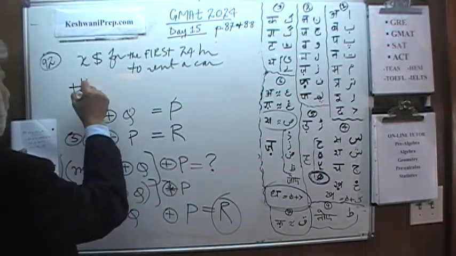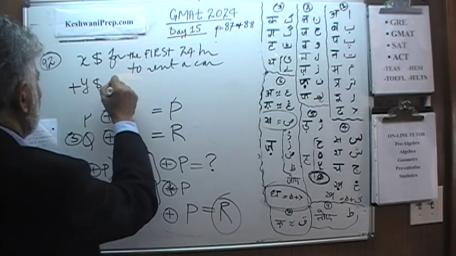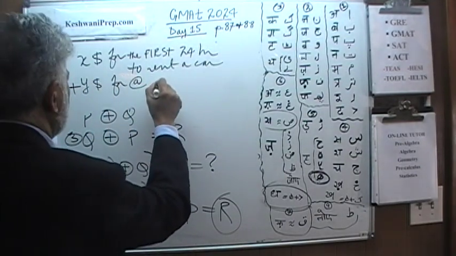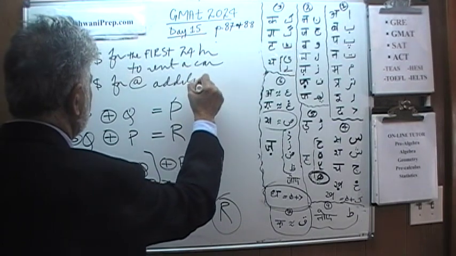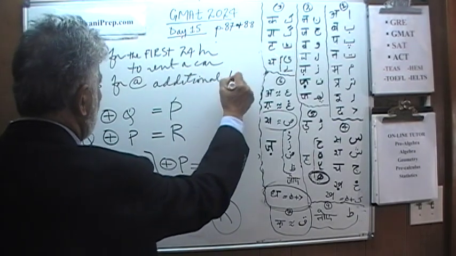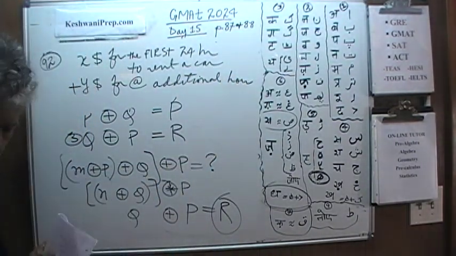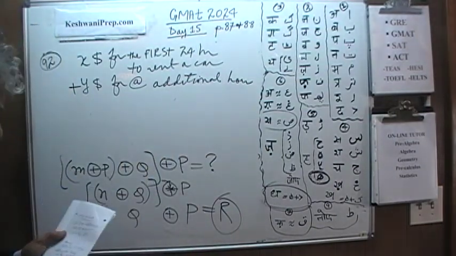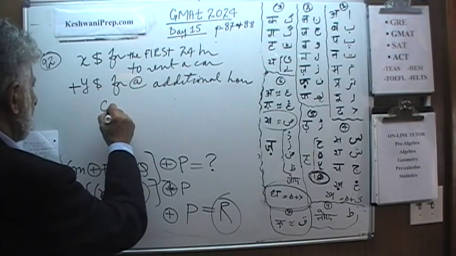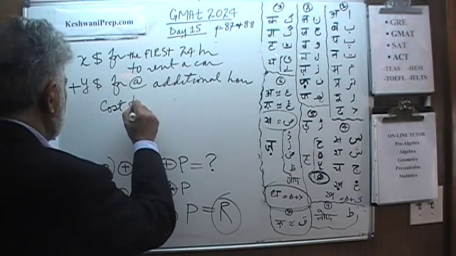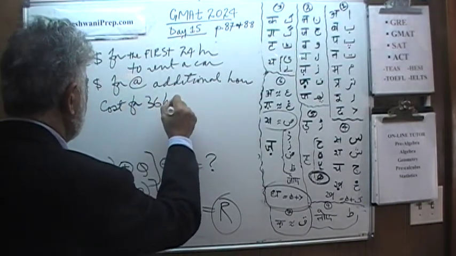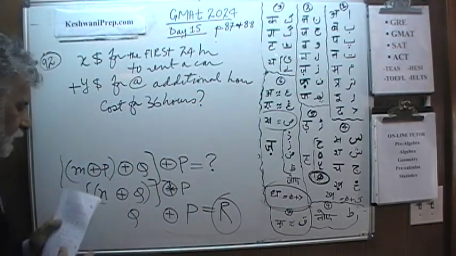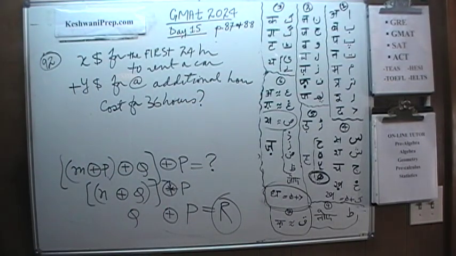Then we have to pay Y dollars for each additional hour. The question simply is, what is going to be the cost for 36 hours? What is the cost of renting this car for 36 hours?